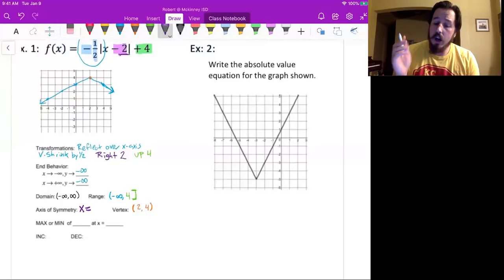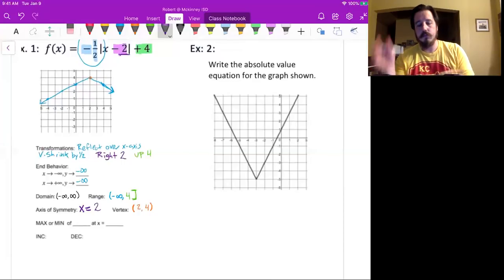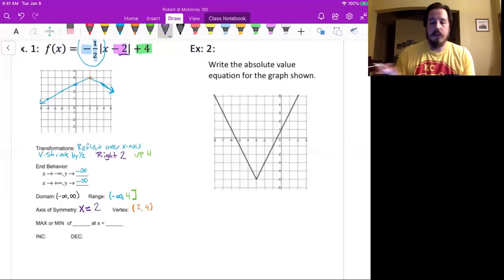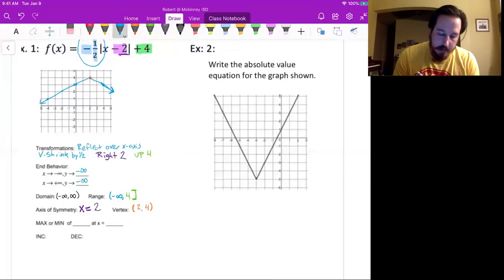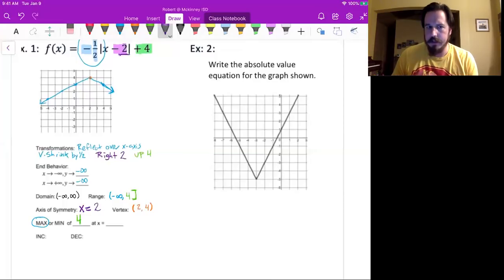So remember, the equation is x minus h. So since I already have that minus, h is 2. Okay. Because a is negative, I have a maximum value of whatever k was. And if it asks us, it happened at whatever the h value is, of 2.